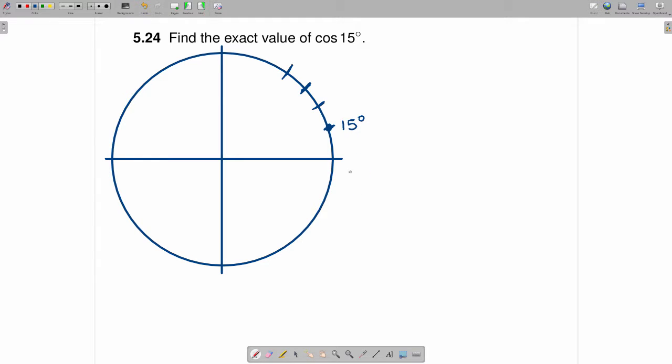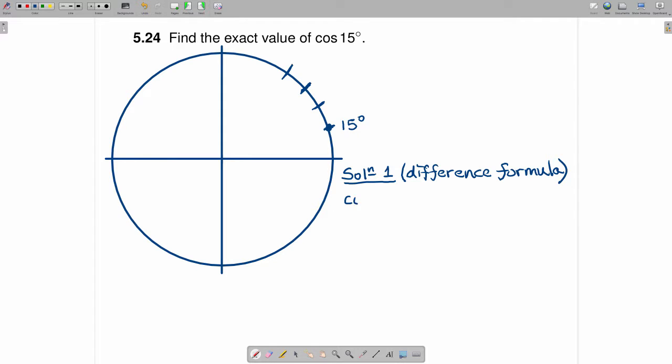I'll call the first one here solution 1. And solution 1 uses something called the difference formula. And that works like this.